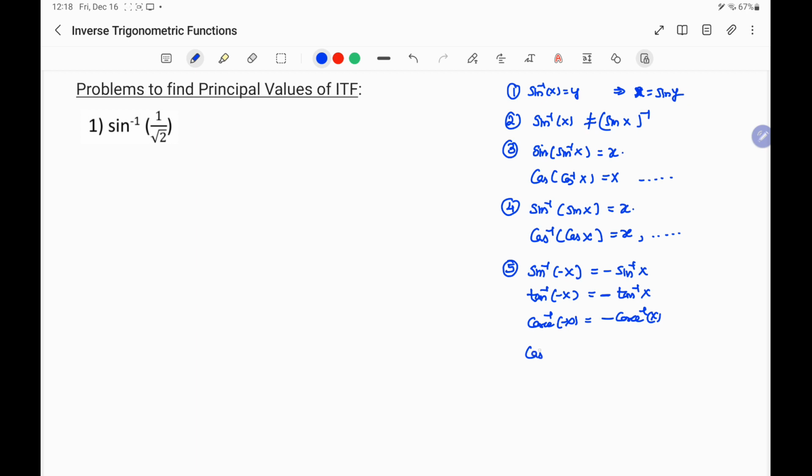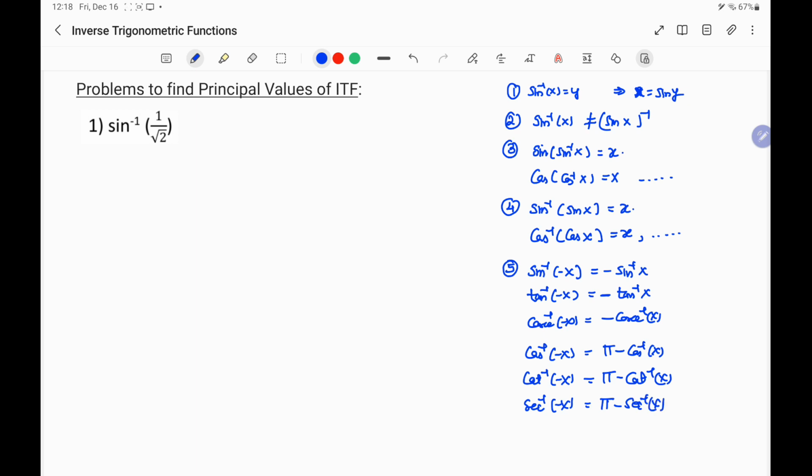In case of cos inverse of minus x, it will be pi minus cos inverse x. And cot inverse of minus x can be written as pi minus cot inverse x. And sec inverse of minus x can be written as pi minus sec inverse x.